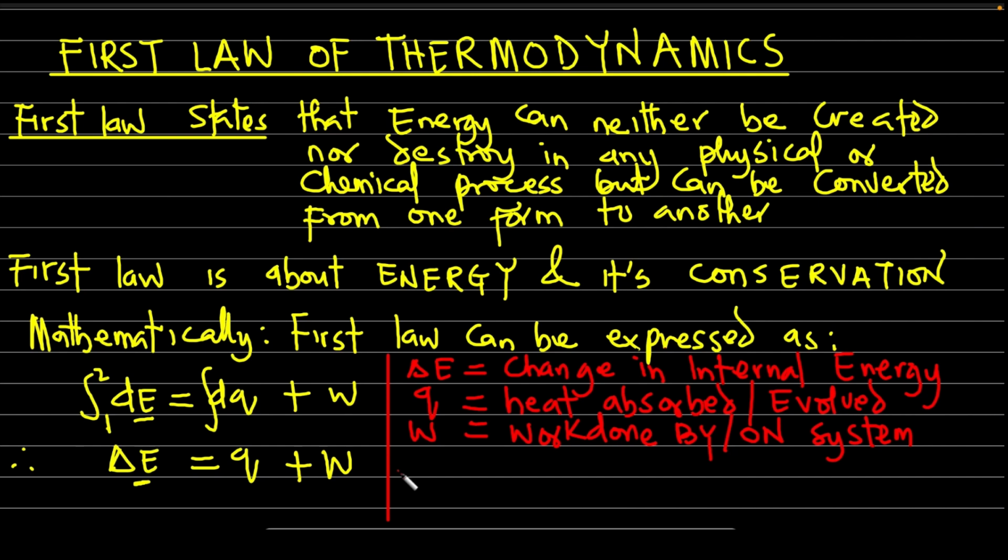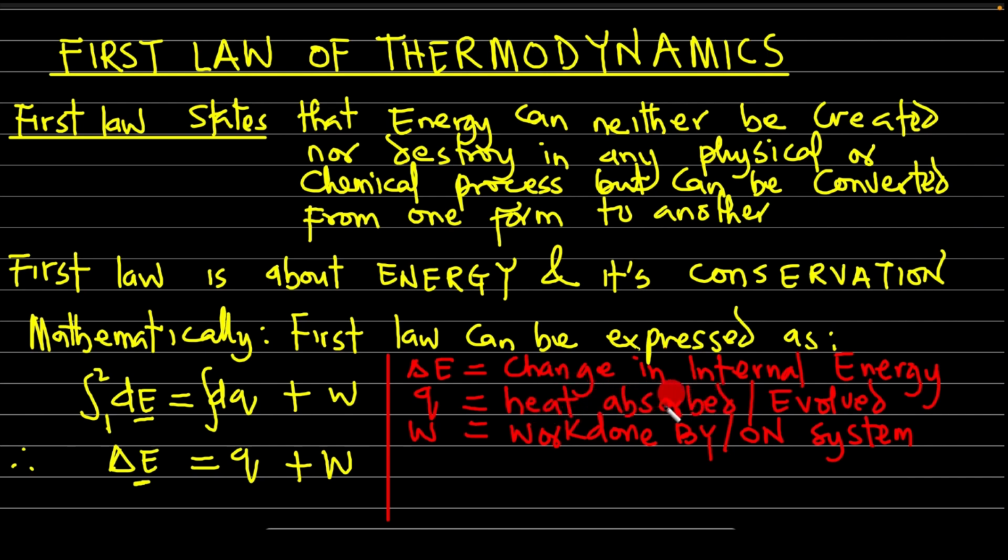Endothermic refers to a case where heat is absorbed, so the heat will be positive. Exothermic is a case where heat is evolved. Anytime heat is evolved, Q is going to be negative. Anytime heat is absorbed, Q is going to be positive.